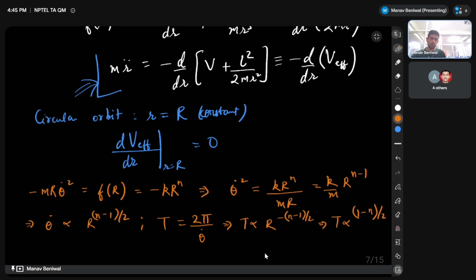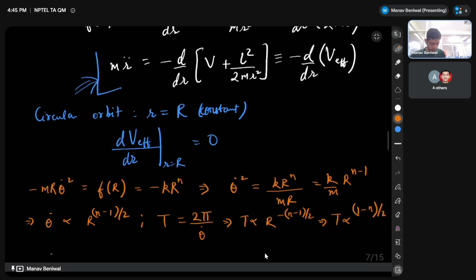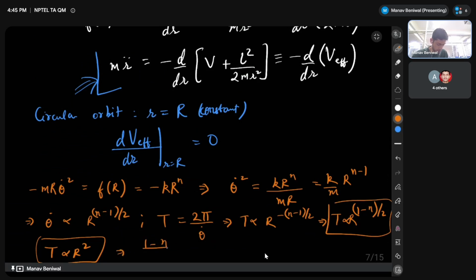In the question we are told that T is proportional to r squared. So combining these two, I can write (1 minus n) over 2 equals 2. So this implies 1 minus n equals 4, which implies n equals minus 3.